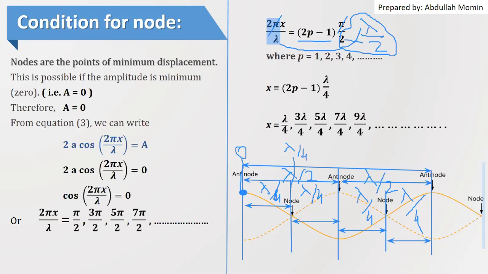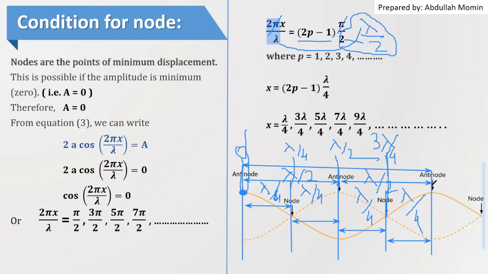The distance of this point from the initial point is lambda by 2, and this distance can be written as lambda by 4 plus lambda by 4 plus lambda by 4, so from the initial point to this point the distance is 3 lambda by 4.